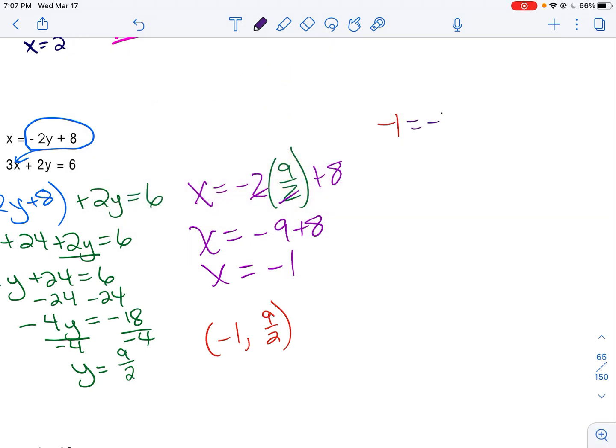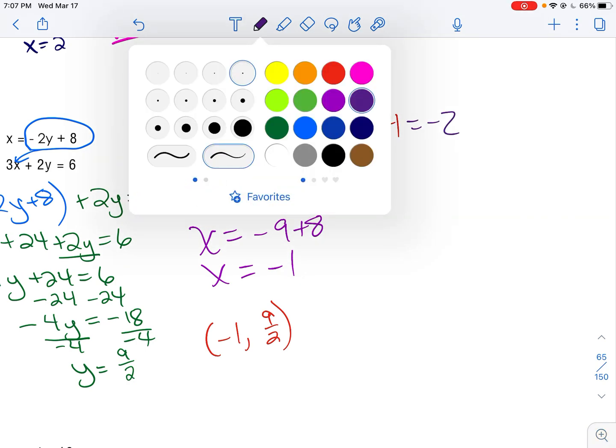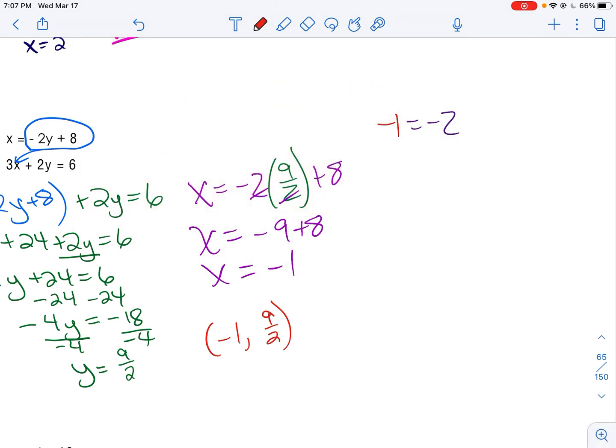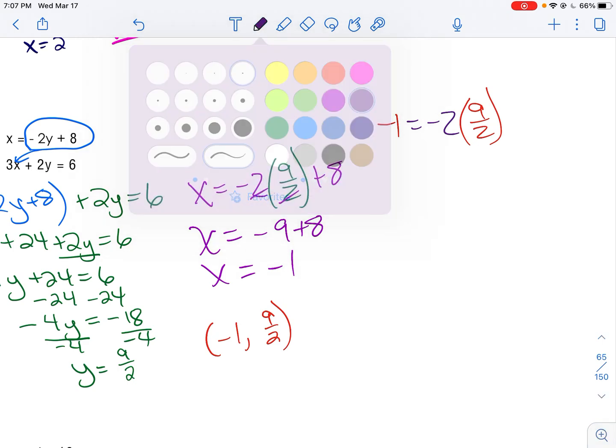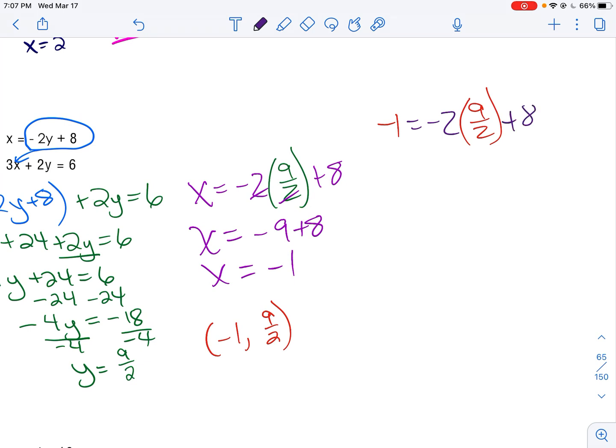Then we have equals -2 times 9/2, plus 8. So that would get me -1 equals, cancels, -9 plus 8. -1 equals -1.